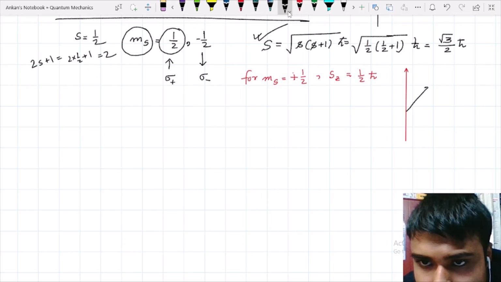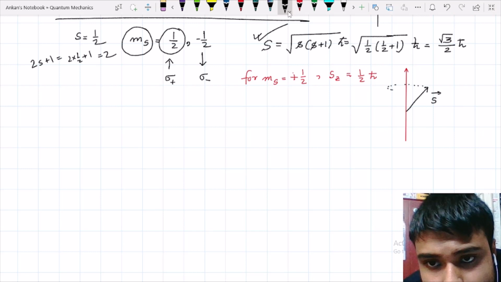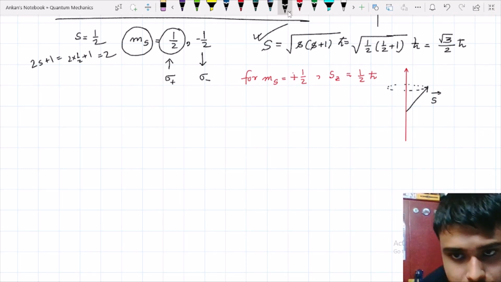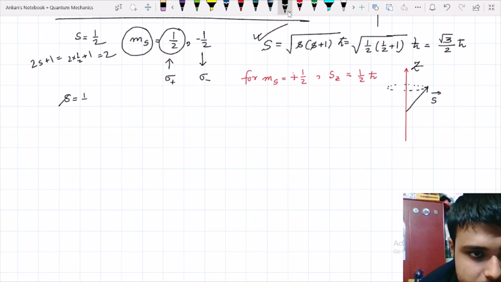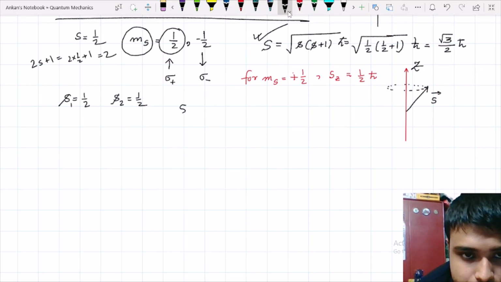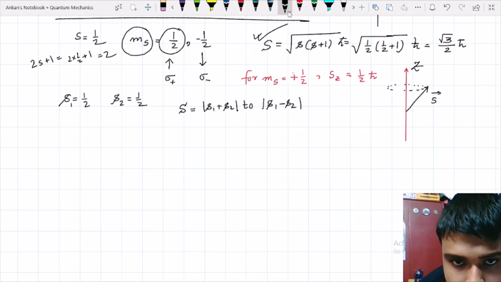The up spin can be denoted by this S vector, and this will be the precession of S along the z direction. Now for the two-electron system we have considered, s1 will be half and s2 will also be half. So the total spin quantum number may be either half plus half, we know it very well from the formula, down to the difference, in steps of unity.